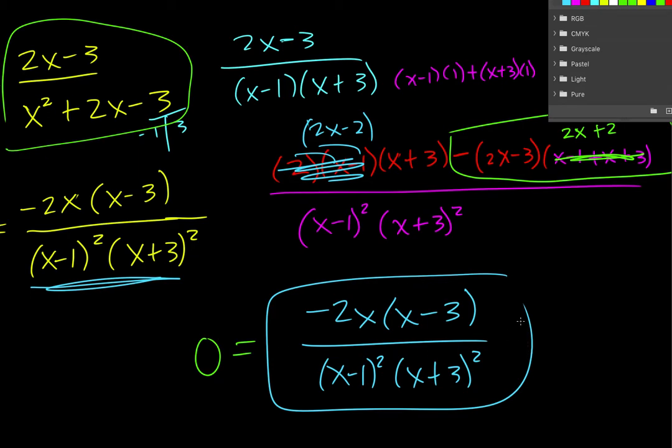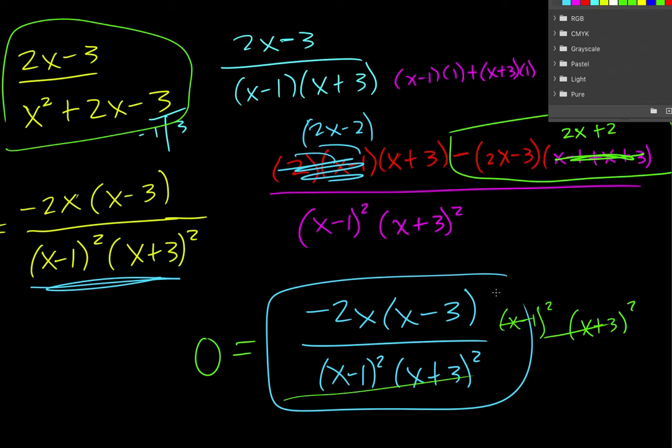So if we set this equal to 0, we multiply both sides by the bottom. And that cancels the entire bottom. And over here, times by 0 just stays 0.